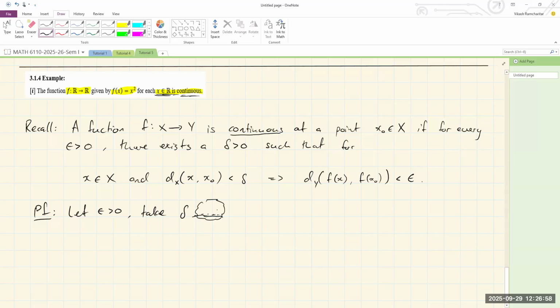Okay, so I want to take a delta. I don't know how yet, but we'll figure it out, such that, for x belonging to the domain, in this case both domain and codomain are real numbers, the distance between x and x0, so I'm writing the left-hand side of this definition.